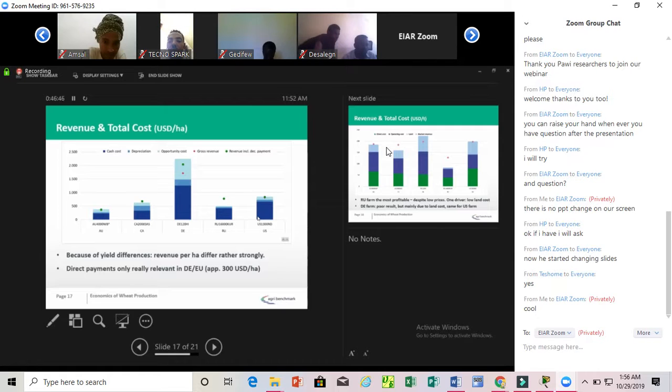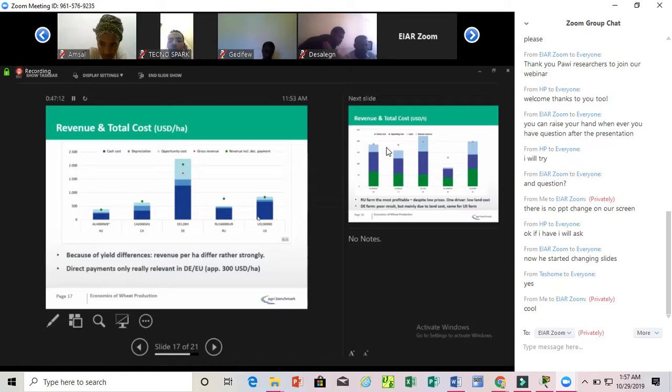And what you can see here is that the systems, except for the German farm, are about break even on a long-term total cost calculation. Keep that in mind. That does not mean that the German farm makes a loss. It just tells you in the long run they can't cover all opportunity costs.